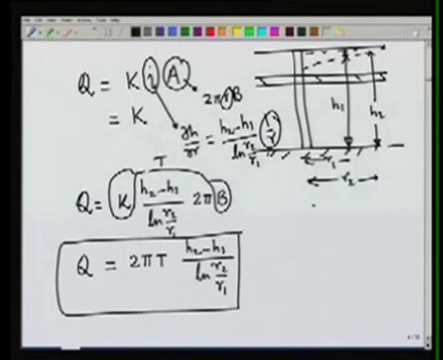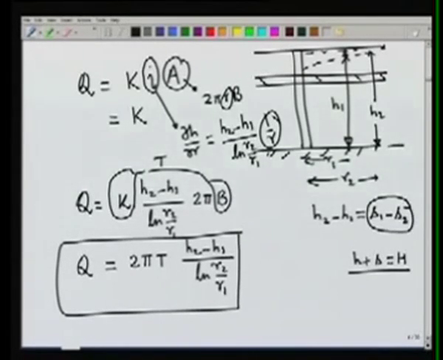we can see that H2 minus H1 would be equal to S1 minus S2, because H plus S is constant, which is equal to H. So H2 plus S2 and S1 plus H1 will be the same, and therefore H2 minus H1 will be equal to S1 minus S2, and therefore typically we replace this term by S1 minus S2.